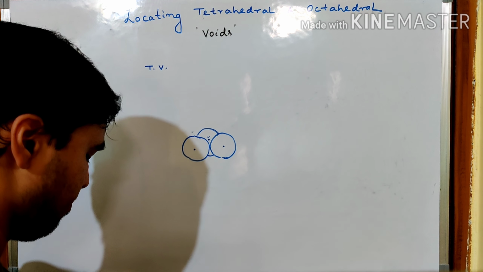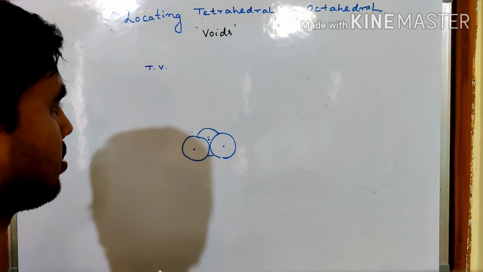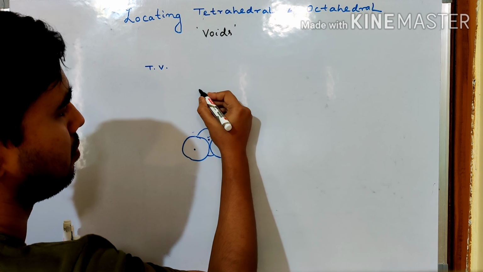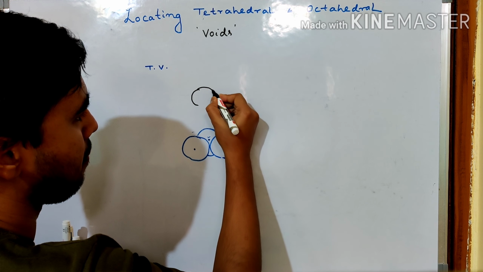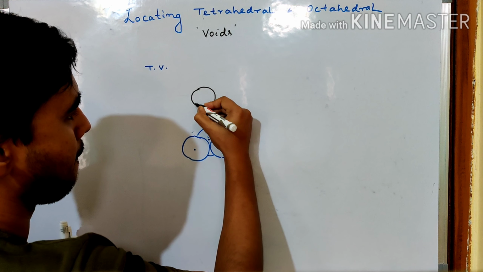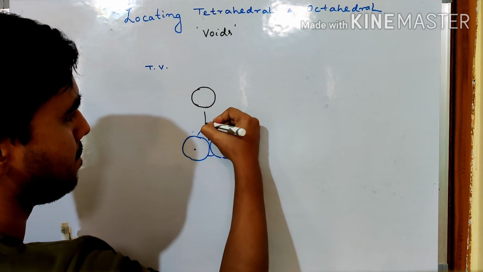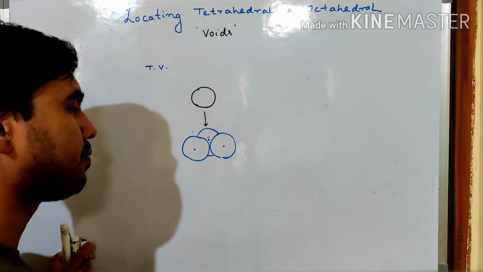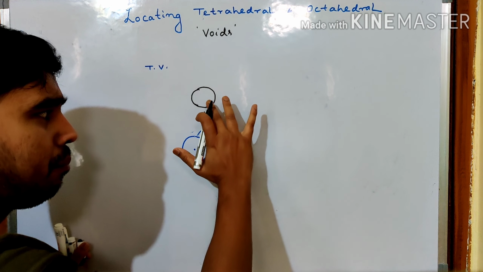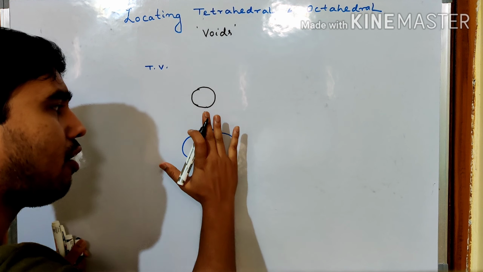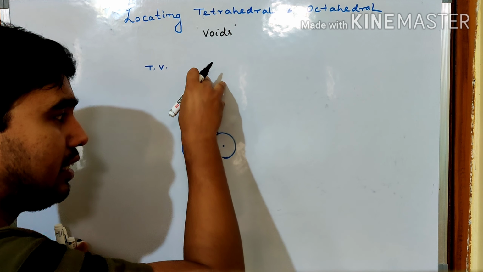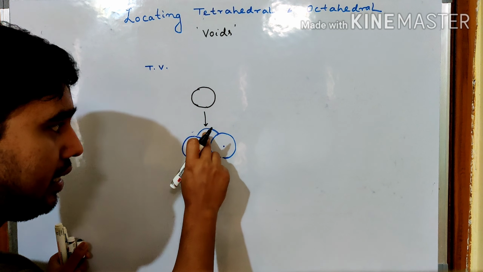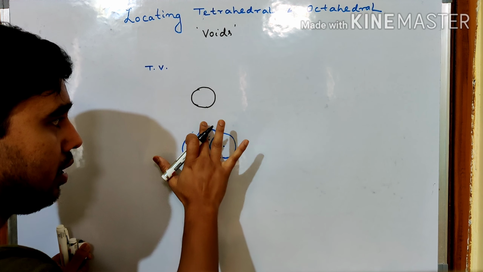Suppose I am placing this atom into this region, okay? So I have kept a gap for you to understand actually how the voids are situated. So I hope it is clear. This is going to be kept over this in this region.